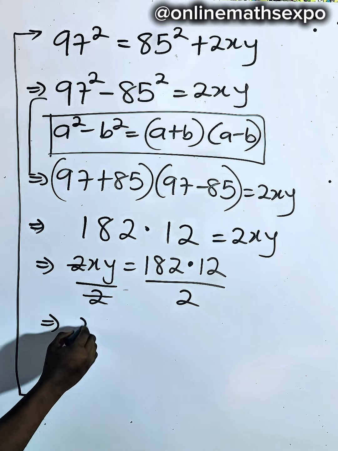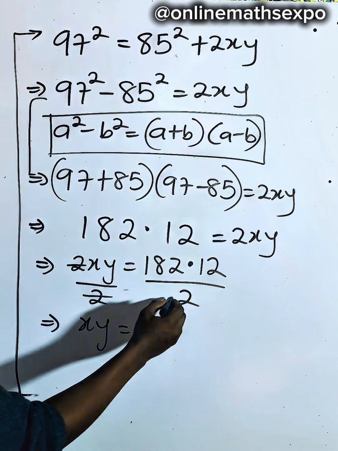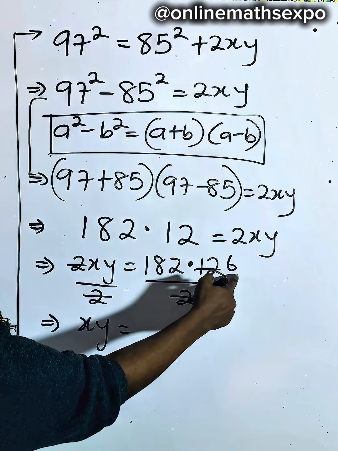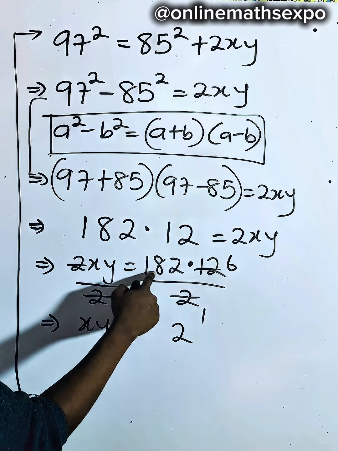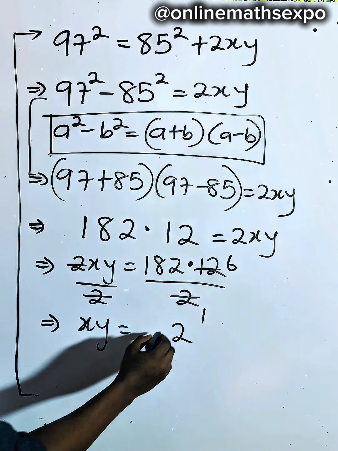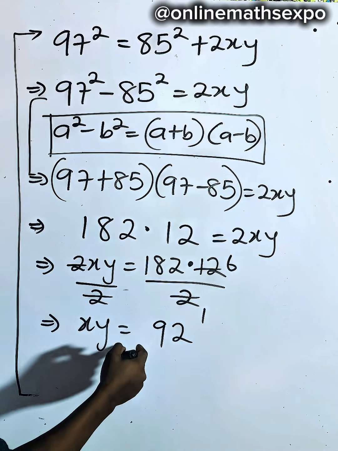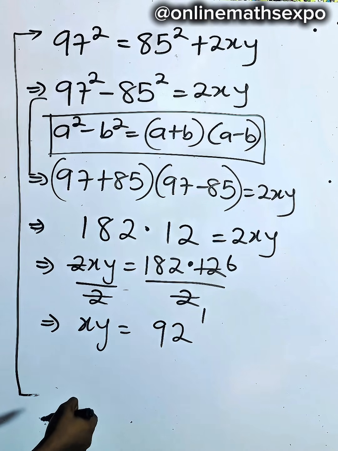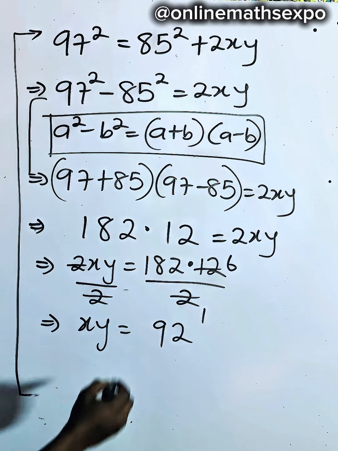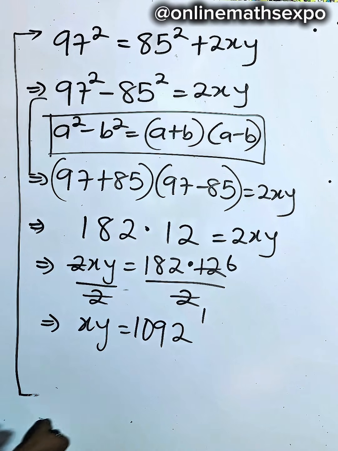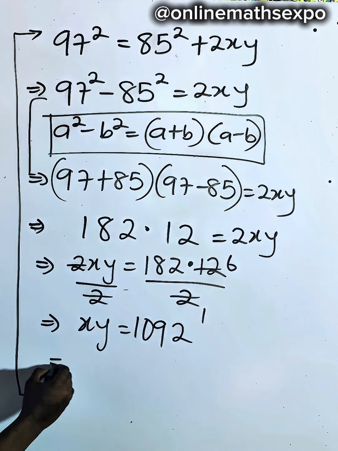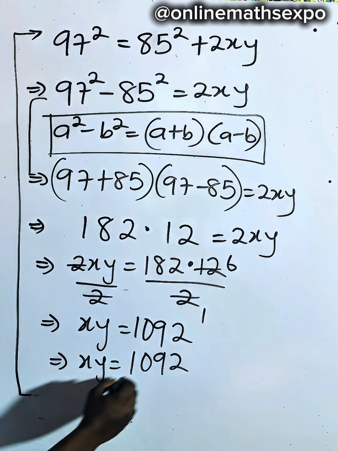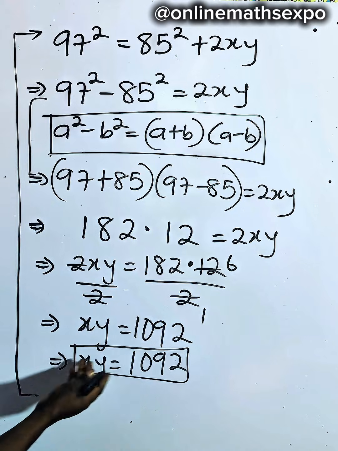So we are going to have XY is equal to 91 multiplied by 12. That gives us 1092. But this is not what we want to get.